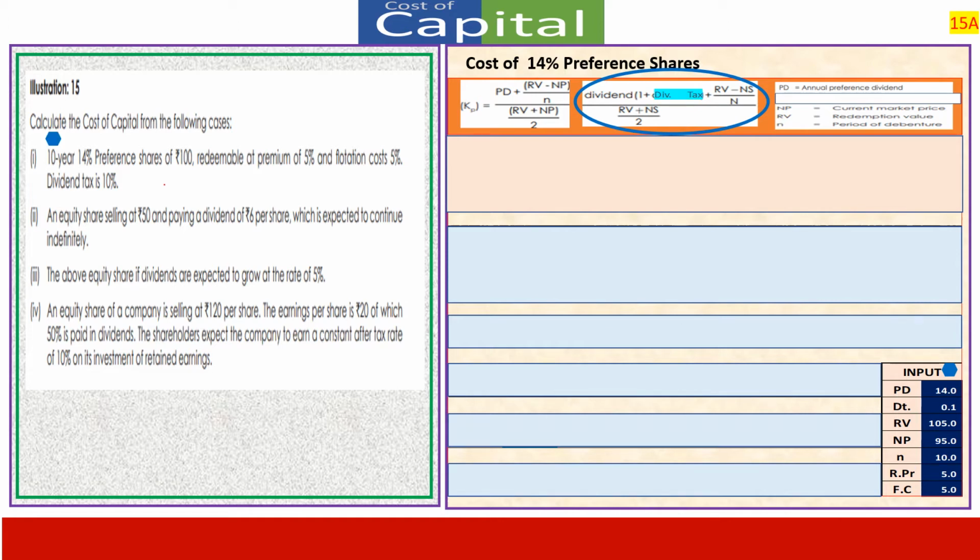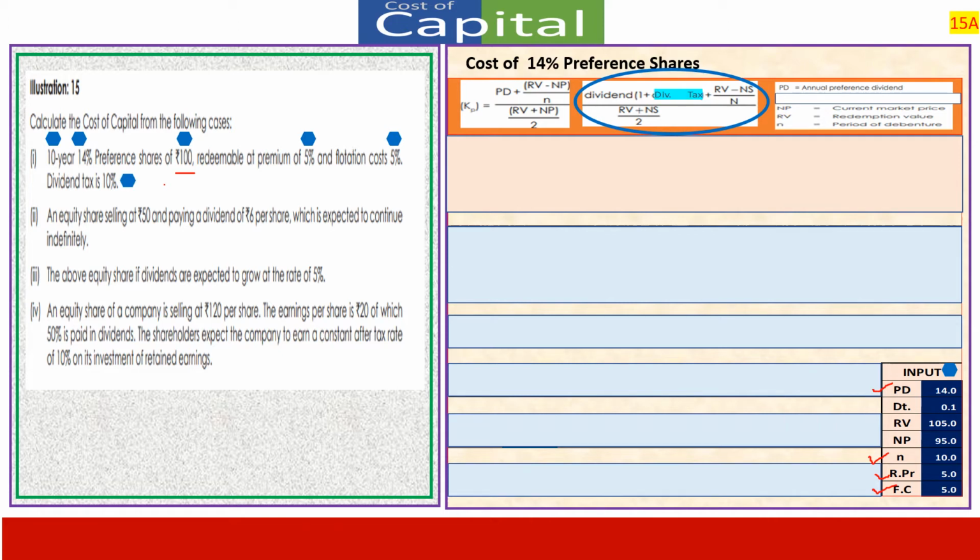We are talking of 10-year, we have just noted 10-year 14% preference dividend. If it is 14, the face value is 100, because the face value is 100. Redeemable preference shares at a premium of 5 means redemption premium is 5. Flotation cost is 5.